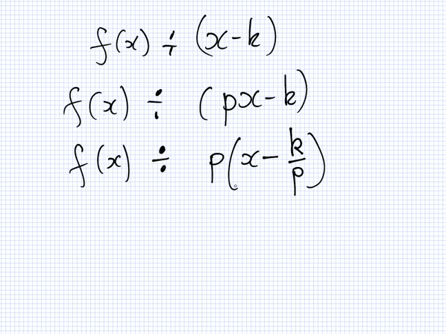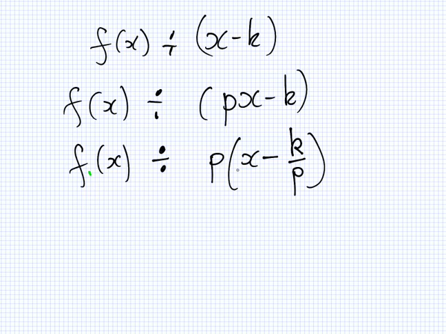Can I go back? Yep. Okay. So let's use the remainder theorem. I want the remainder when you have 18x cubed minus 71x squared plus 28x minus 1 divided by 2x minus 7.